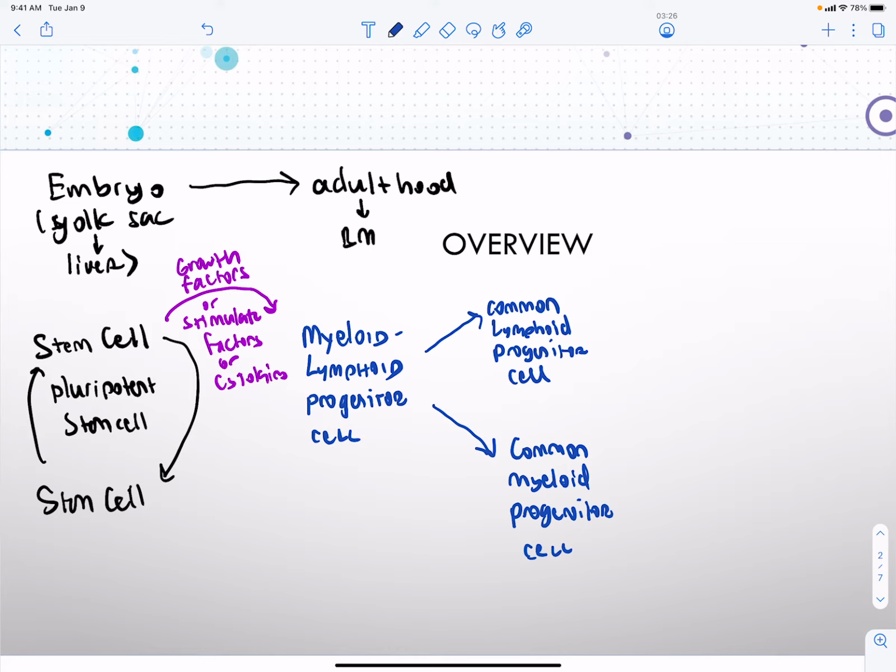Now these cells are also two steps down from your pluripotent stem cell, but they too can become multiple cells.